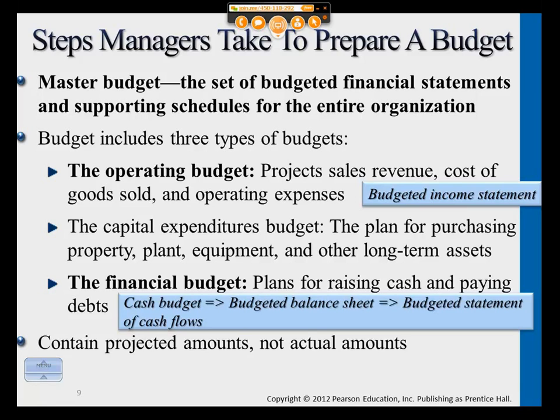So all of these wonderful statements is nothing but a projected number, right? Behind that projected number, there is a lot of research work. It's not just a hypothetical, right, number. It's based on a lot of thinking, research, collaboration, and such. But they're not your actual amounts. They're budgeted amounts, right?